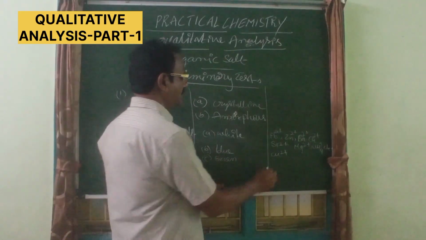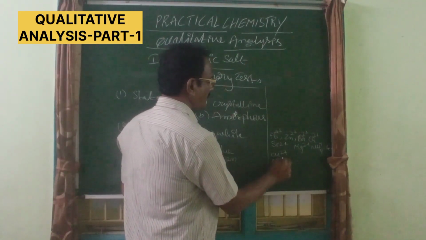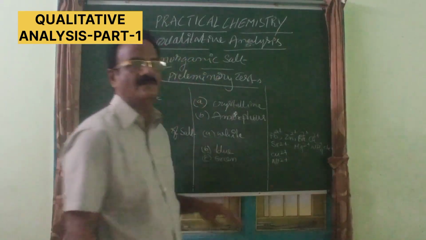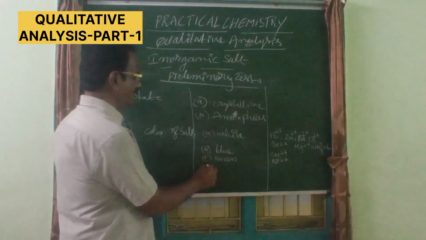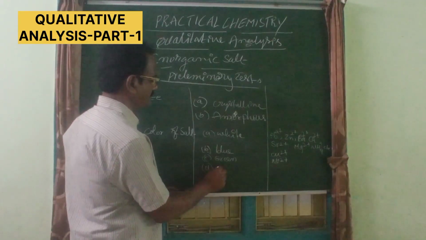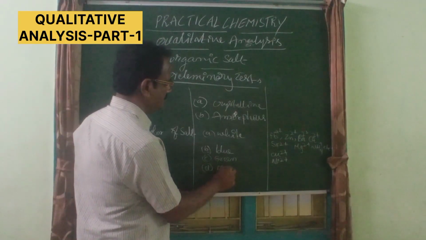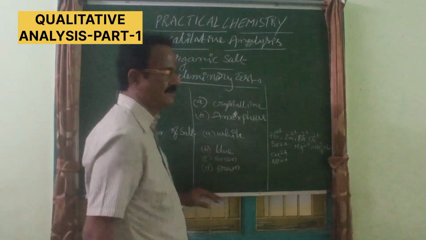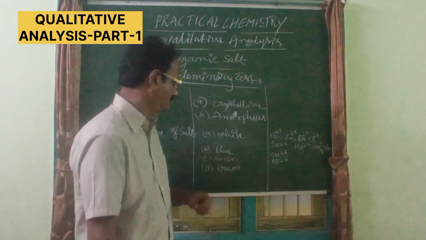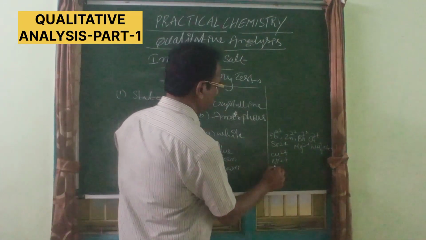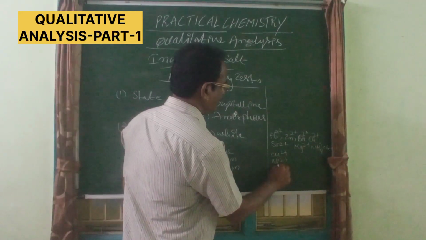If the salt is green in color, then it should have Ni2+. The other color is brown. If the salt is brown in color, there would be Fe3+.